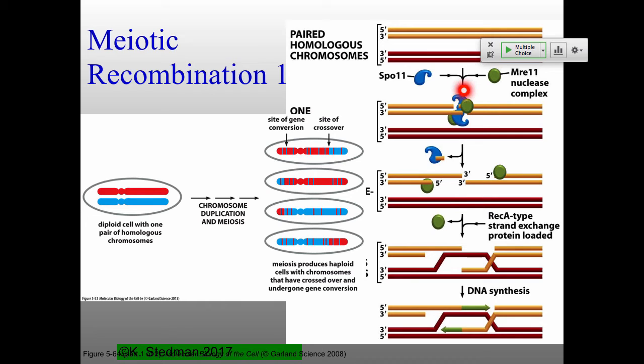You have an endonuclease, SPO11, that gets together with some other endonucleases, because they're cutting the middle of the DNA. That then gives you a double-stranded break. These ends get chewed in by exonucleases. You have strand invasion, base pairing, and DNA synthesis that happens.